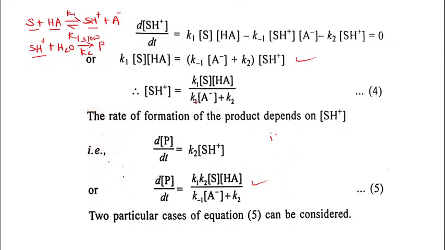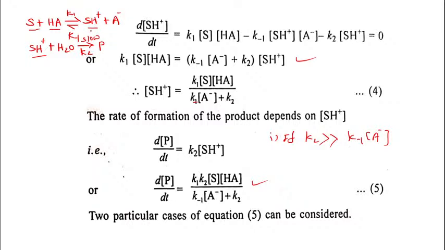First case is that if K2 is very large as compared to K minus 1 into concentration of the anion. Once we derive the equation, we have to apply the two cases here. K2 is very large, means this step, conversion of the intermediate into the product, becomes very fast.